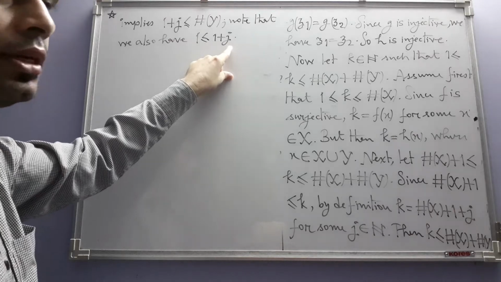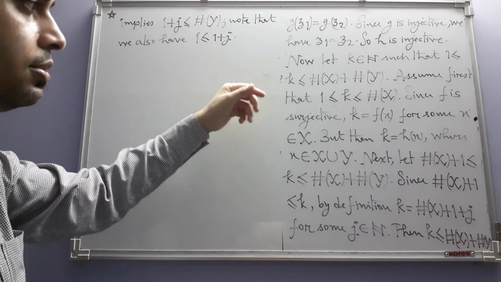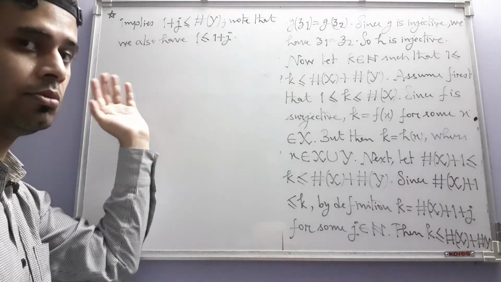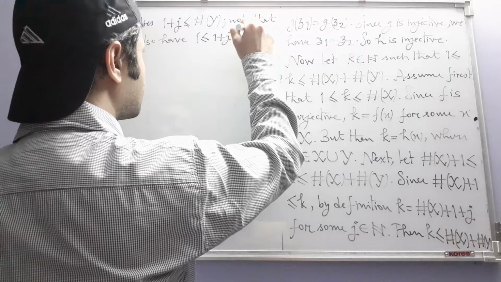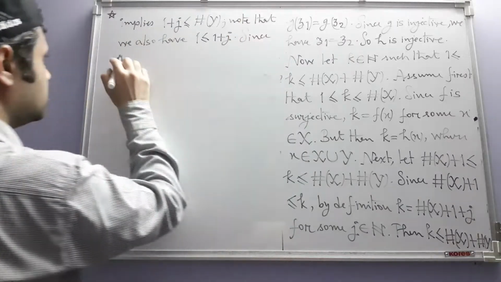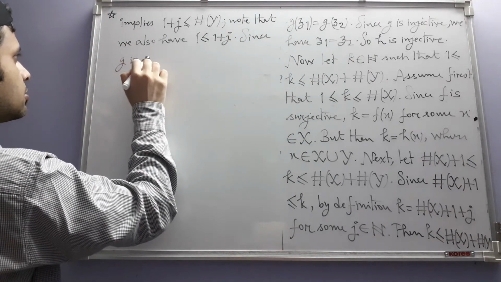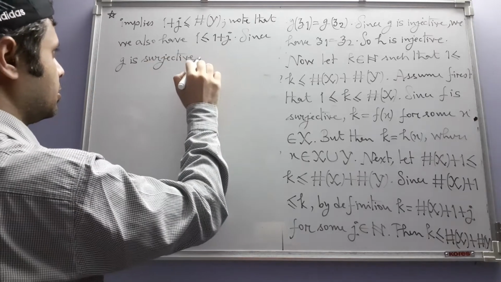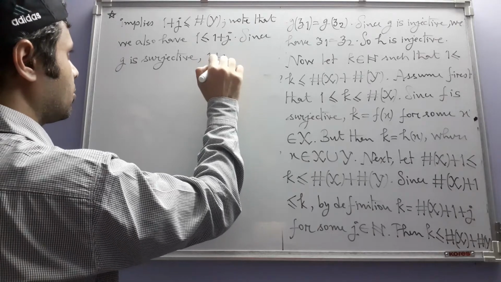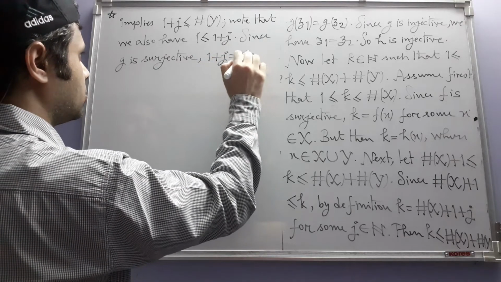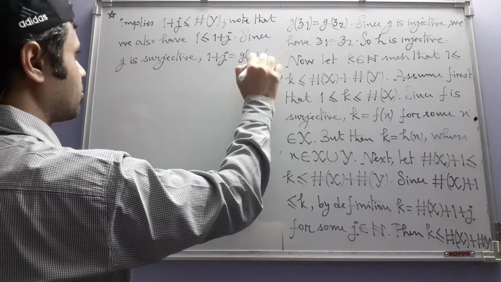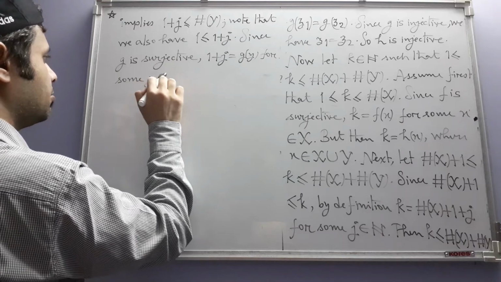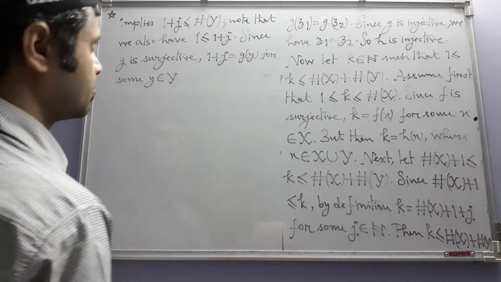So 1 plus J lies in the range of G, and since G is surjective, 1 plus J will be the G image of some element in the domain of G. Since G is surjective, 1 plus J is equal to G of y for some y belonging to Y.